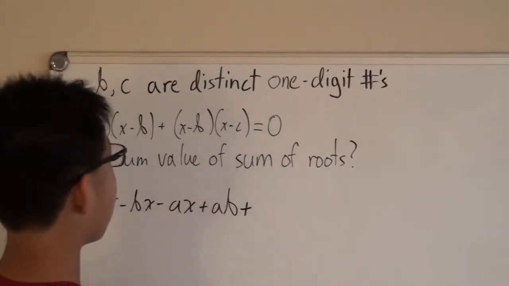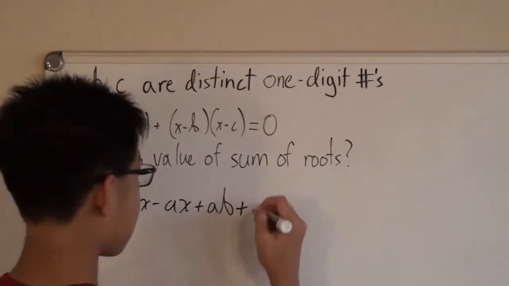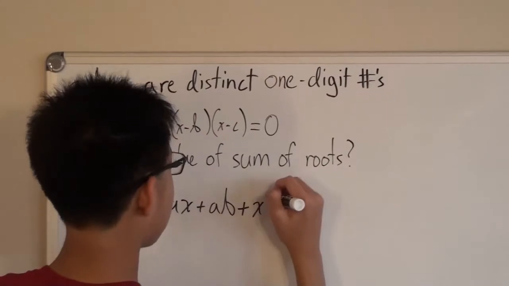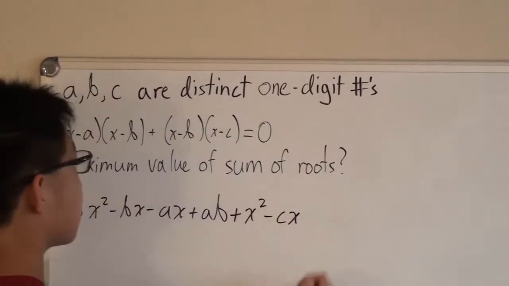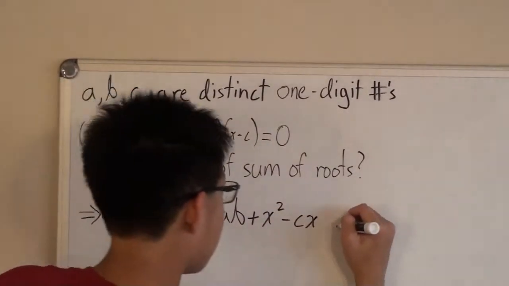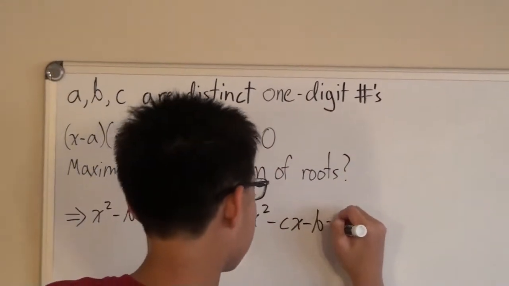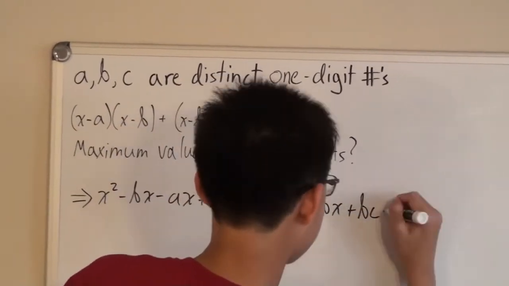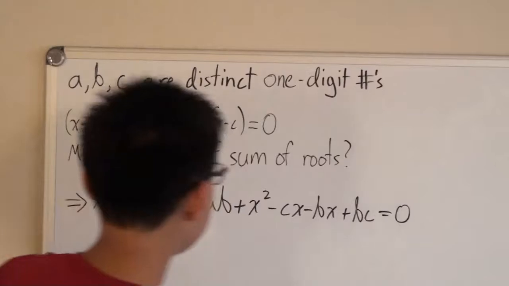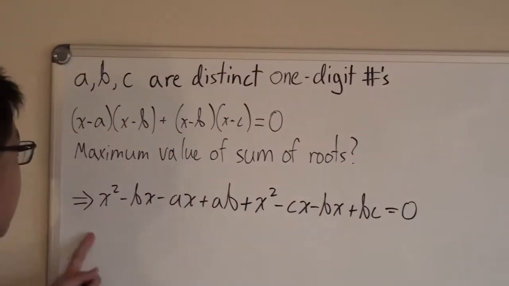And then same thing for (x minus b) times (x minus c). So you would get x squared minus cx minus bx plus bc. And that would get 0. So like this.